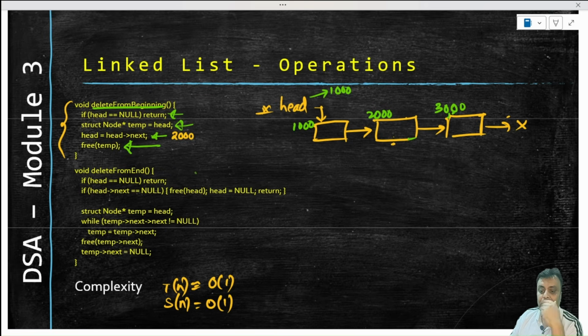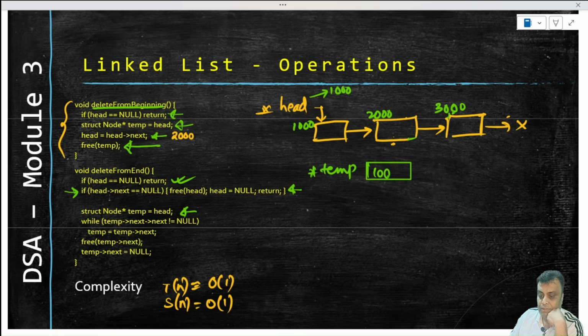So head equal to null, return, nothing to delete, understandable. If head next is equal to null, this is the one element case. That one element case is also specially handled here. We will come to this statement, just be with me. Let's see the other part of it. Now what we have done is we have created a temp here and we have assigned it to head.